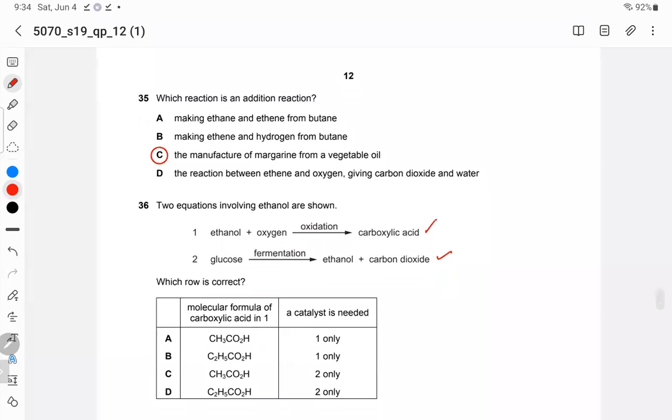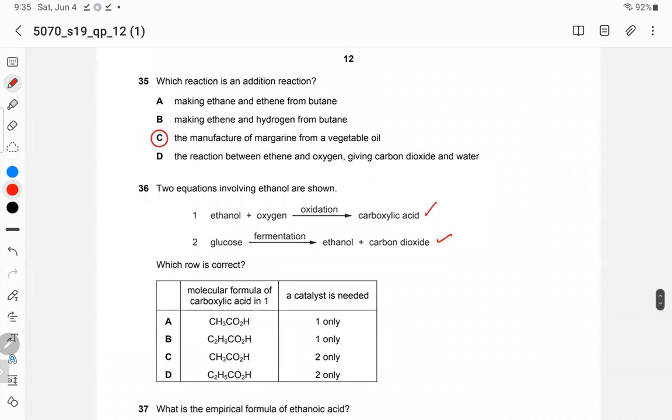Is a catalyst needed in reaction 1 or reaction 2? Reaction 2. So it means A and B go wrong because in both they said that for reaction 1 a catalyst is added, but for reaction 1 we do not need any catalyst. ये clear है सबको बात? Yes, sir.